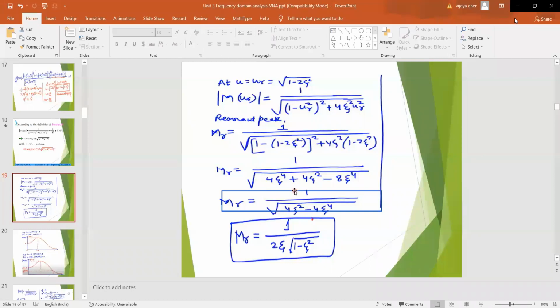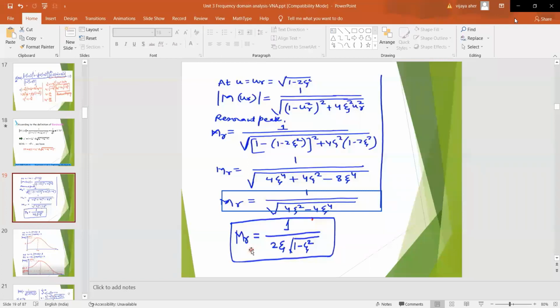Simplify this. You will get 4 zeta raised to 4 plus 4 zeta raised to 2 minus 8 zeta raised to 4. Now simplify, and you will get resonant peak M R equal to 1 divided by under root of 4 zeta square minus 4 zeta raised to 4.